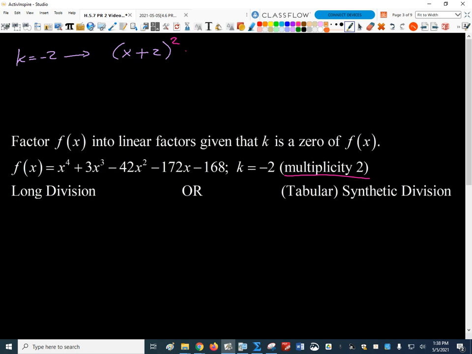If we know there's 2 of those, how many factors should we expect from this? 4, right? So we know that this big long quartic polynomial f of x has to equal the quantity x plus 2 squared times something else, right? How big is the something else going to be? What's going to be the degree of the other factor?